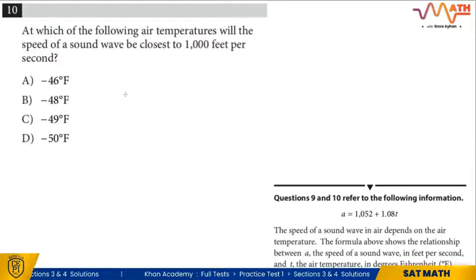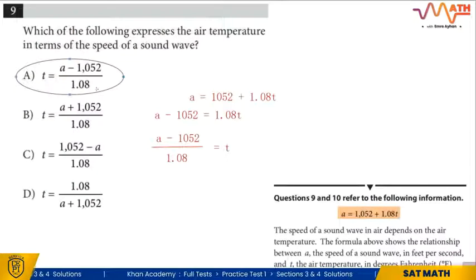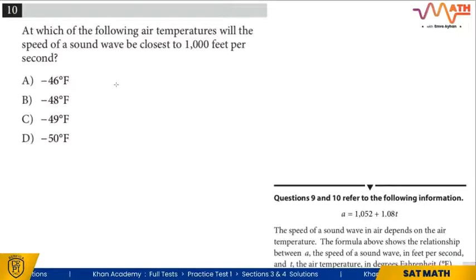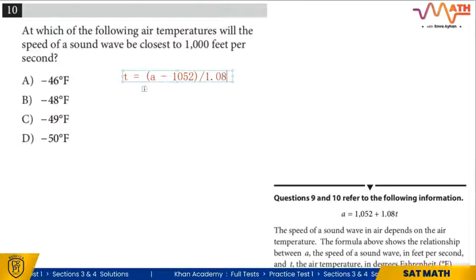So the formula is T equals A minus 1052, divided by 1.8.